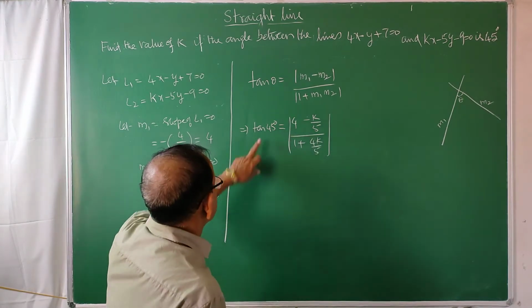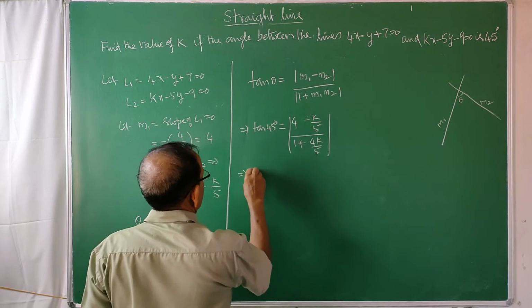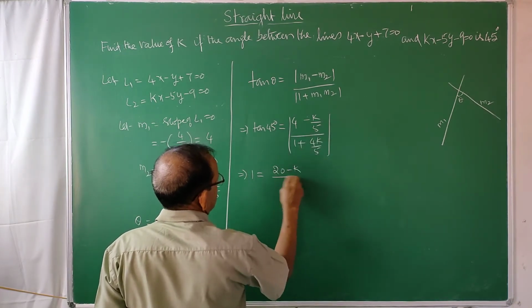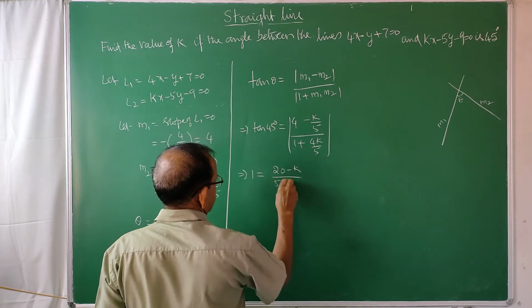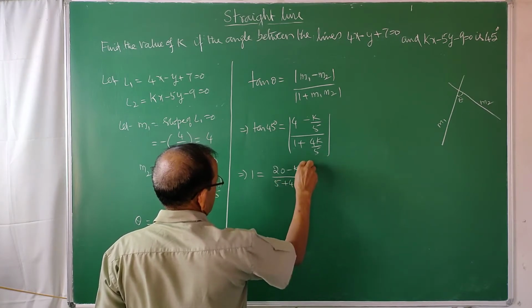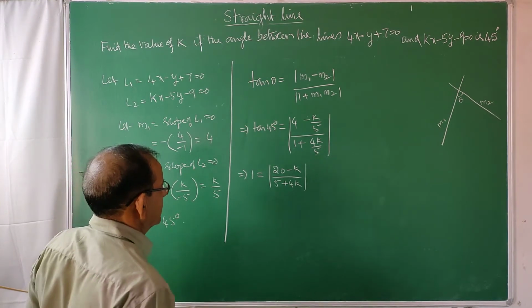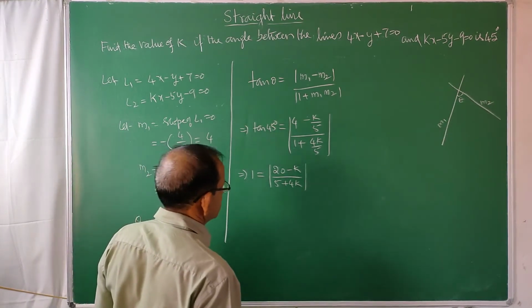Now this is 1. 1 is equal to 5 into 4, 20 minus k by 5 plus 4k.